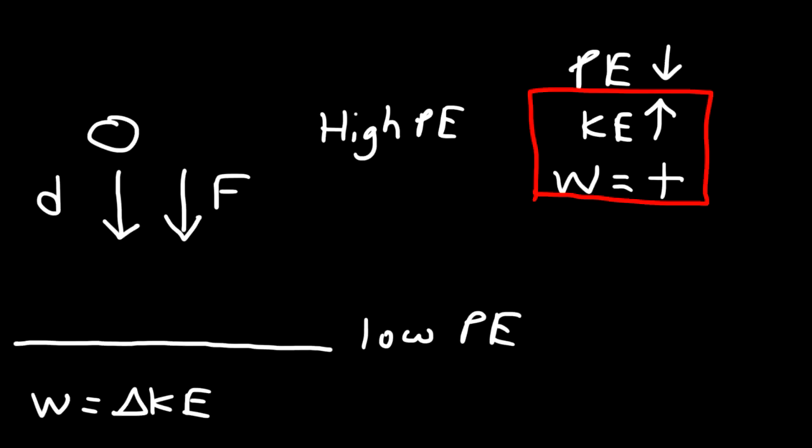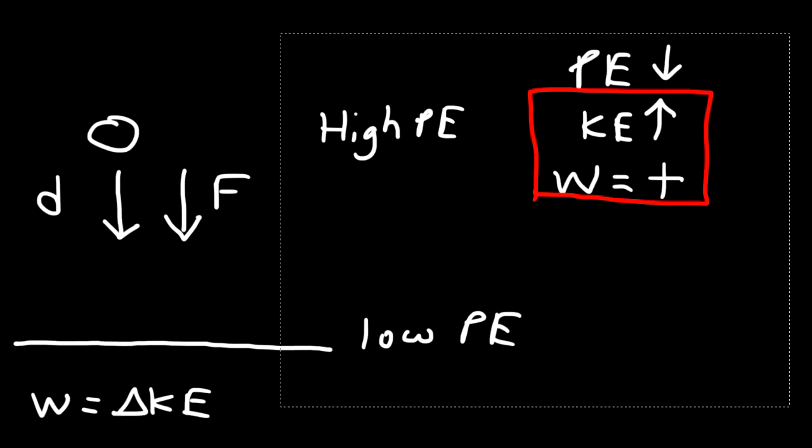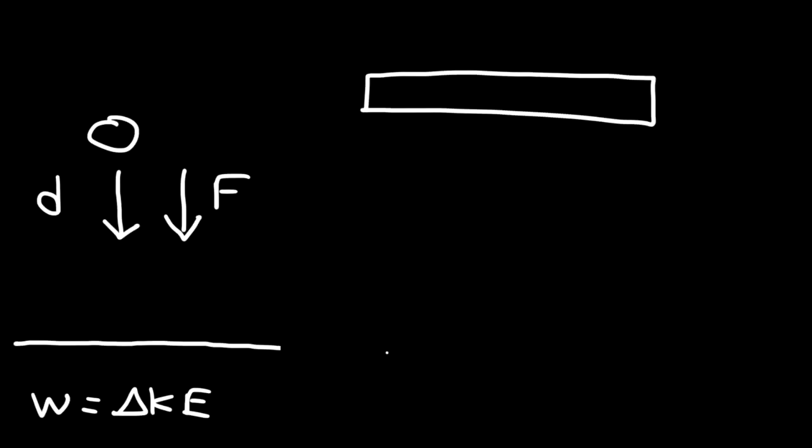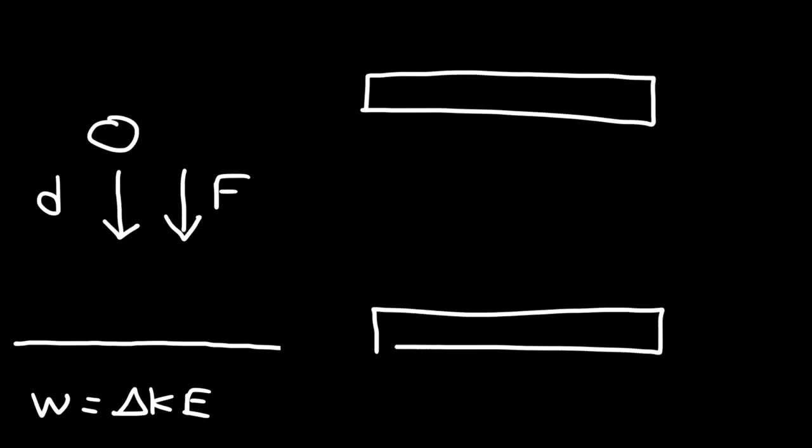So this situation where the ball is falling towards the ground is analogous to this situation. Let's say we have a positive plate at the top and a negative plate at the bottom. A positive plate has more potential energy than a negative plate.